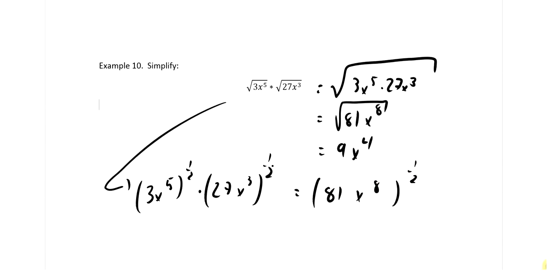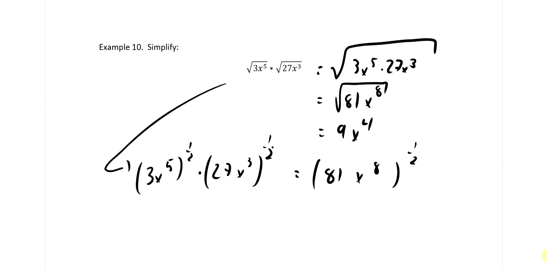And what have we learned about dealing with powers? This is all multiplication in there. 81 to the 1/2 times x to the 8 times 1/2, which is 4. And 81 to the 1/2, that's the square root of 81, so 9x to the 4th.